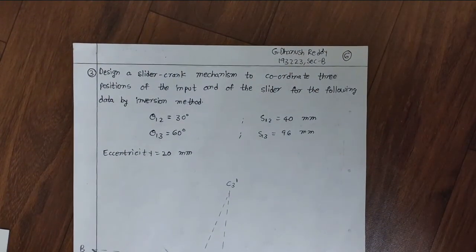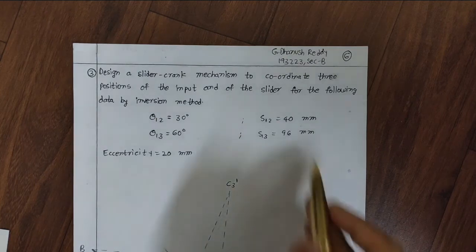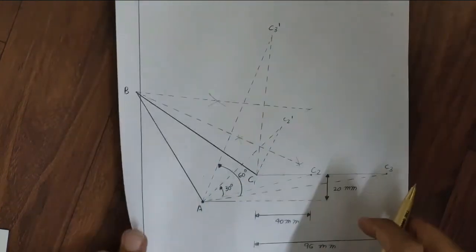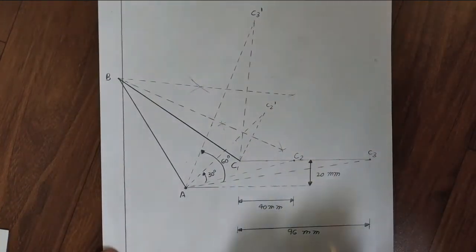The next problem is to design a slider crank mechanism to coordinate the following 3 positions of the input and of the slider for the given data by the inversion method. They have given the following data for the question. It was given that the eccentricity is equal to 20 mm.